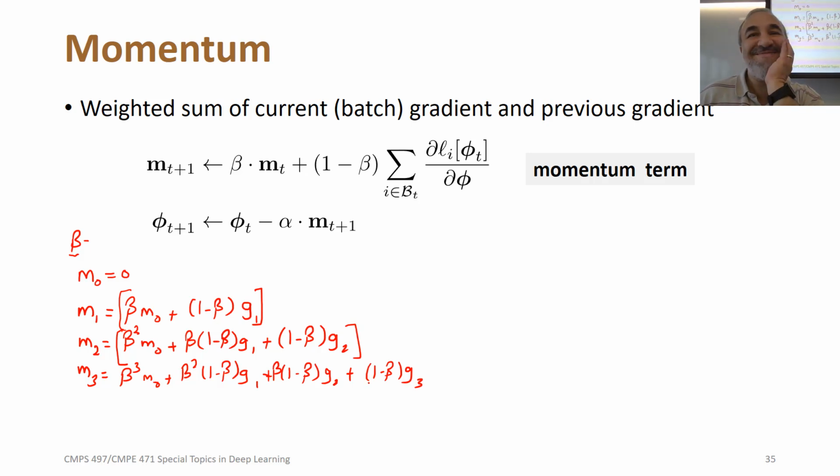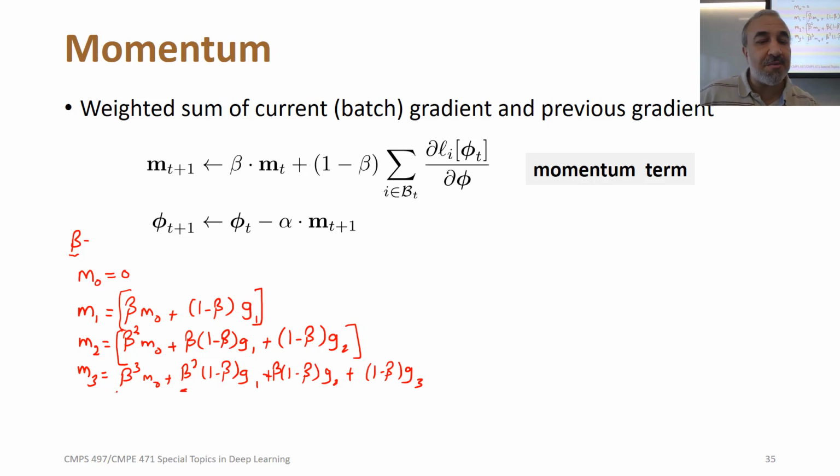So what's going on here? We are actually taking into consideration all the gradients of the history, but with different weights. And if you notice the weight as we go back in history, does the weight increase or decrease? It decreases actually. Beta is less than 1, so we are multiplying by a number that is less than 1 every time.